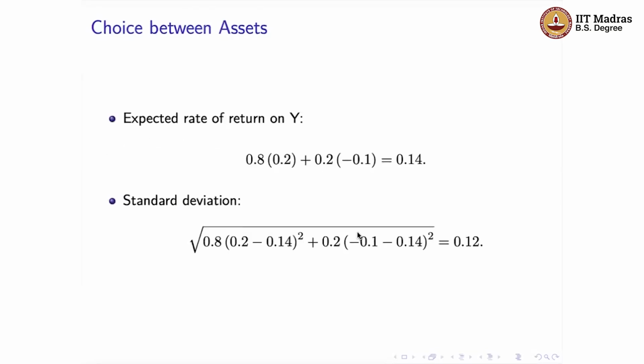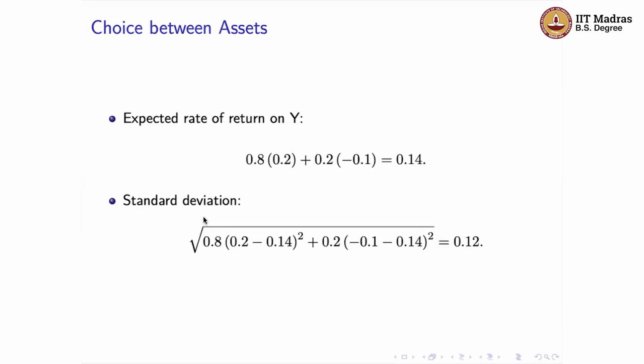So we'll weigh these rates of return with the probability of these occurring. Therefore, the expected rate of return on Y is 0.8 times 0.2 plus 0.2 times minus 0.1. Again, 0.8 and 0.2 are the probabilities, and 0.2 and minus 0.1 are the rates of return in the two different states. So if we go ahead and do the calculation, we can see that this is equal to 0.14.